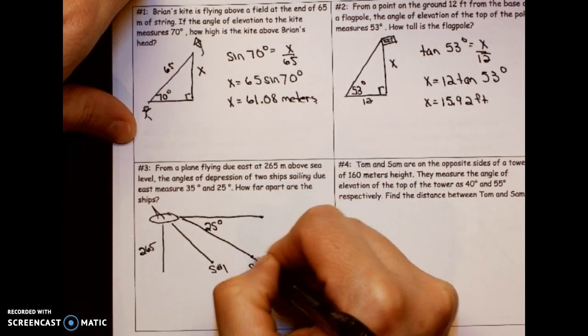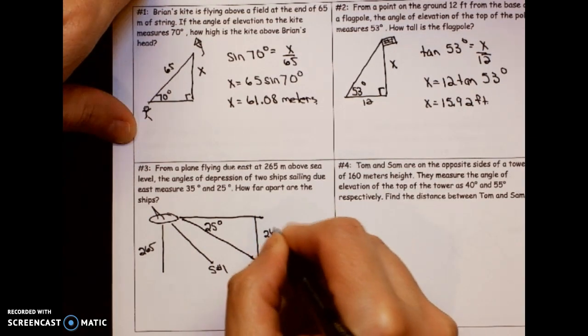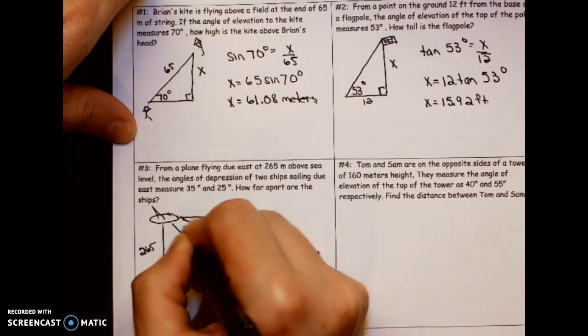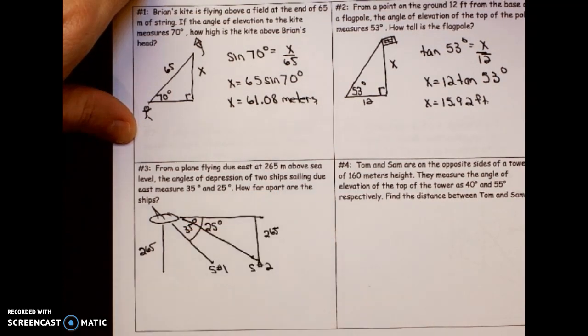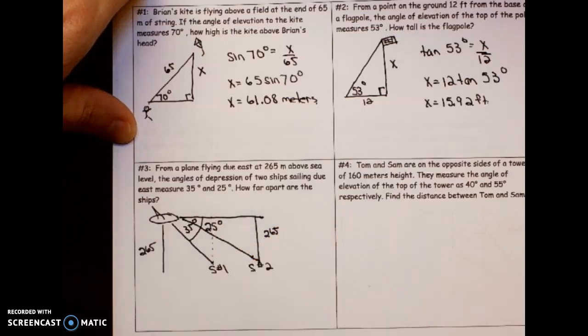The first ship only has a 25 degree angle of depression, so we've got 265 here. My second angle is 35 degrees, and again I've got 265 there.